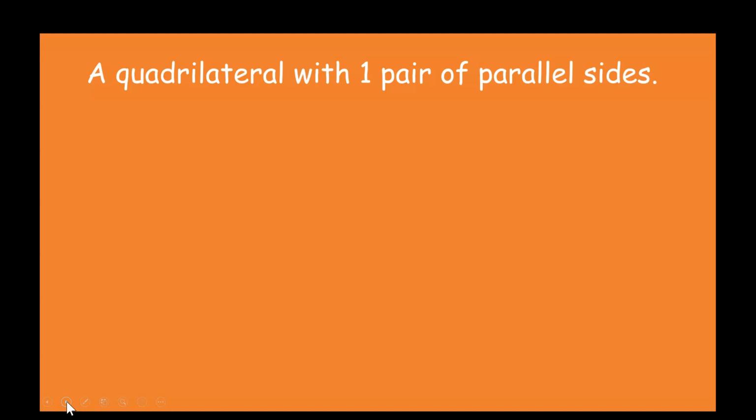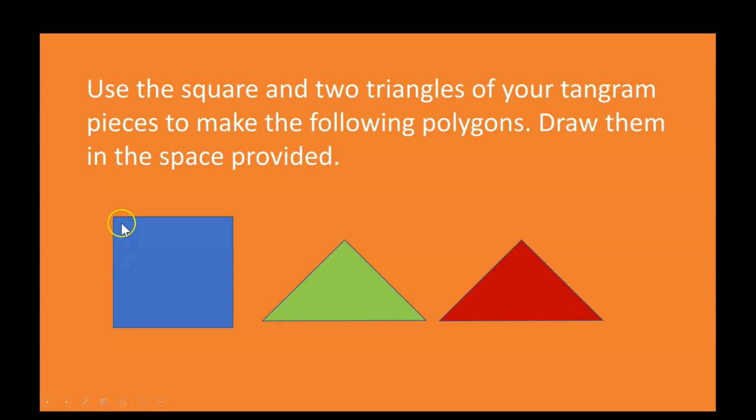And parallel sides are lines that run together the same way. So this side and this side would be parallel because they're running the same way. This side and this side would be parallel because they are going the same way.